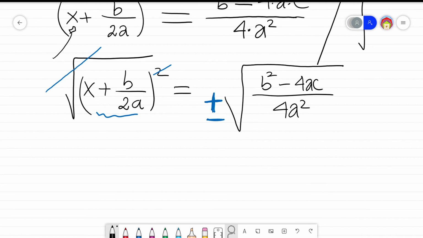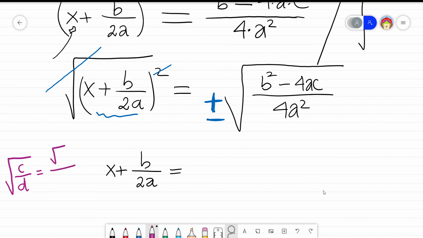Now, this part after cancelling stays this, and in the other part stays the root. Now I'm going to apply another very useful rule for square roots. The square root of a fraction, let's say c divided by d, is the same as a fraction with the square root of each part. This is a very useful rule.